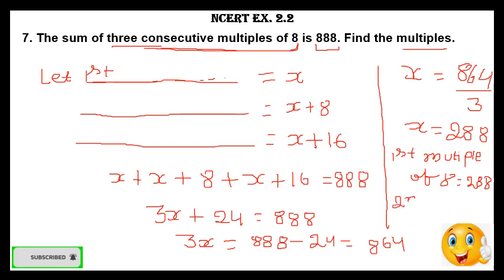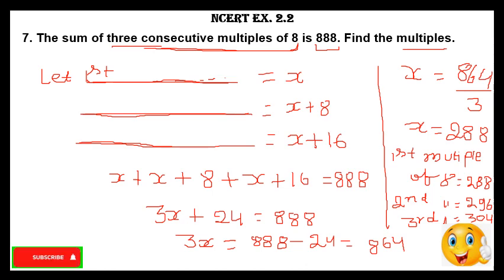The second will be 288 plus 8, that is 296, and the third multiple of 8 is 296 plus 8, that is 304. So we get the three multiples of 8. You need to write the statement yourself; I'm not writing the statement here. The first multiple of 8, second multiple of 8, and the third multiple of 8.